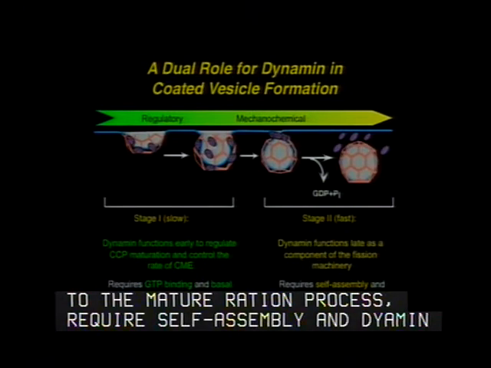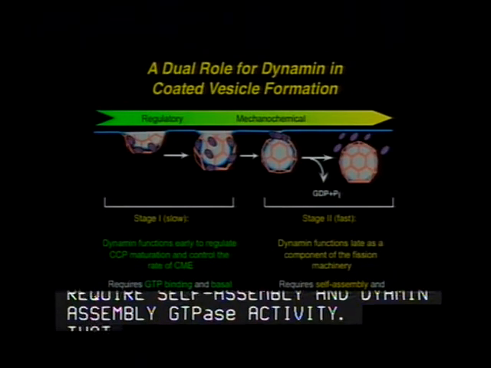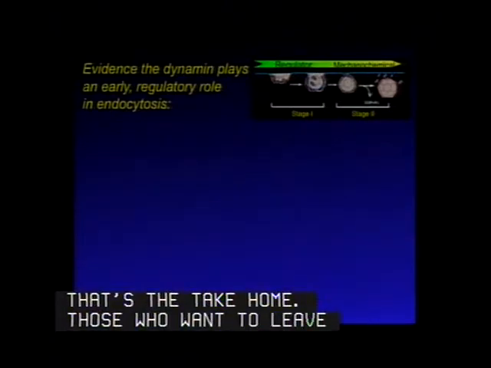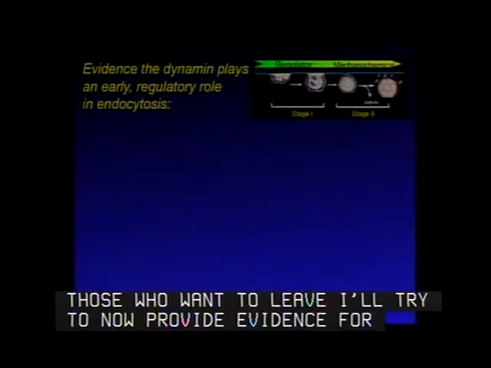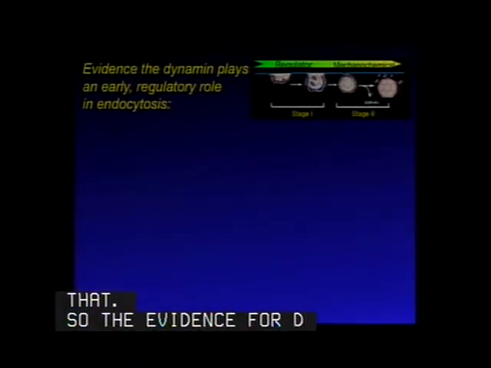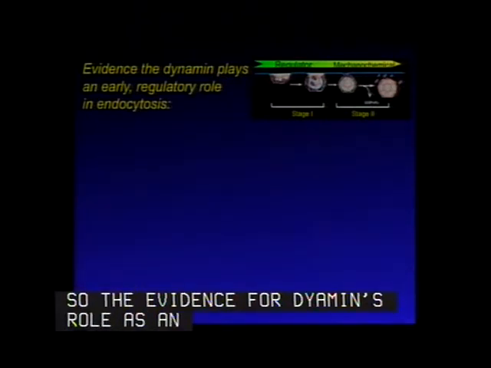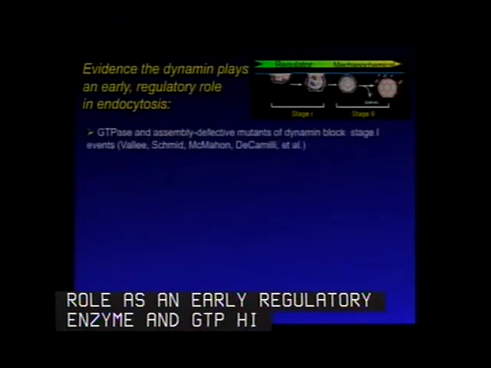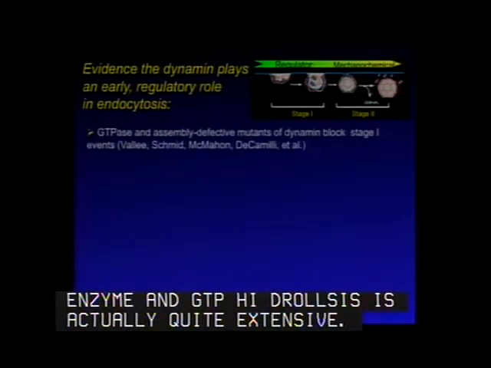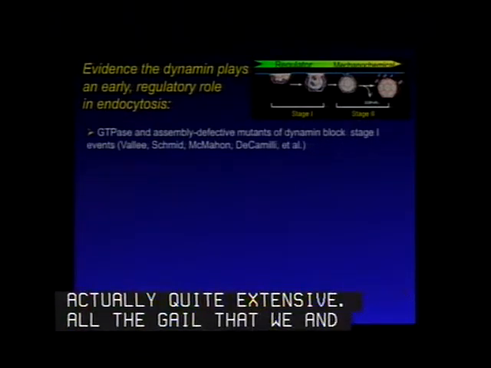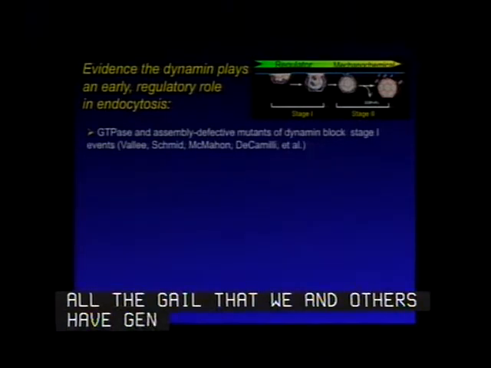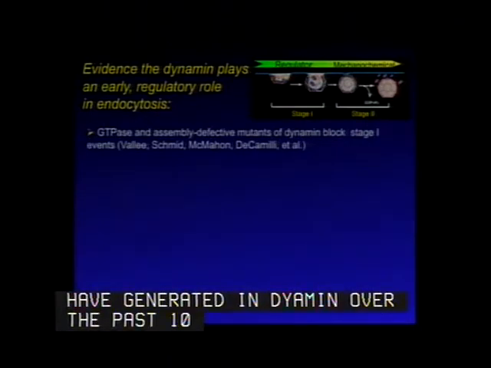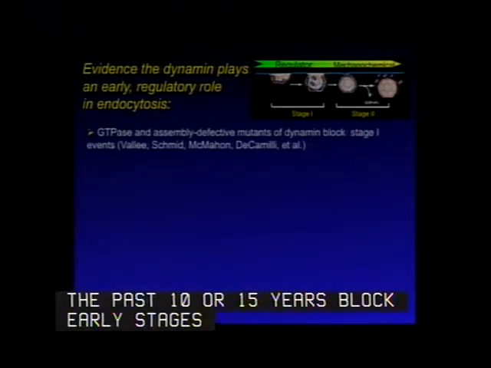Those of you who want to leave, I'll try to now provide evidence for that. So the evidence for dynamin's role as an early regulatory enzyme in GTP hydrolysis is actually quite extensive. First of all, the GTPase and assembly defective mutants that we and others have generated in dynamin over the past 10 or 15 years block early stages of vesicle formation, not late stages.